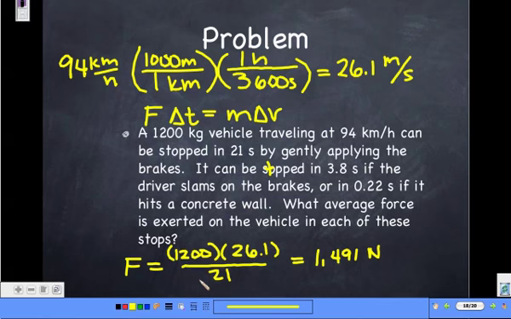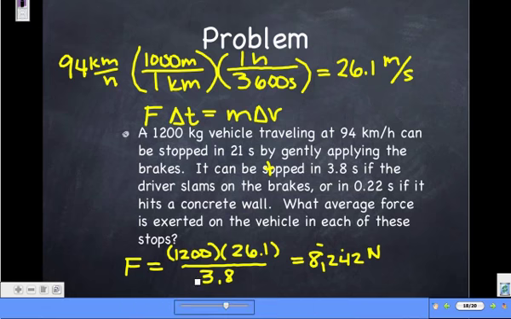Now if it slams on the brakes, instead of 21 seconds, it's 3.8. So what's the force in this case? 8,242. Wow, that's a lot of force there.